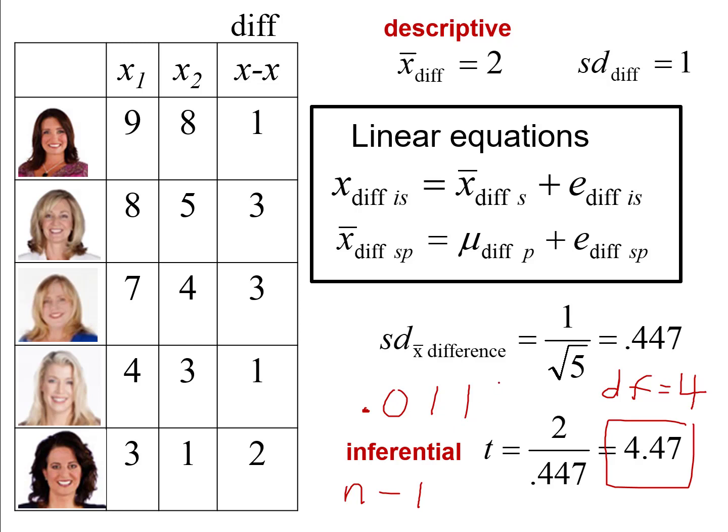And so if I came up with a significant result here, my probability is less than 0.05, meaning if the null hypothesis were true, I would only get a t-value this extreme about once in 100 or so, and that's definitely less than a 5% probability.